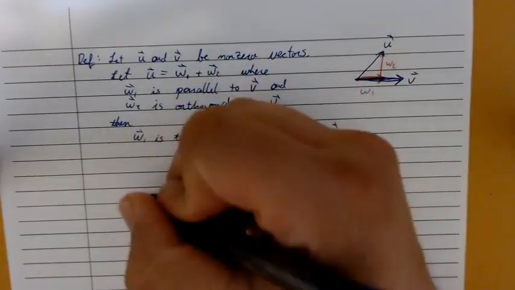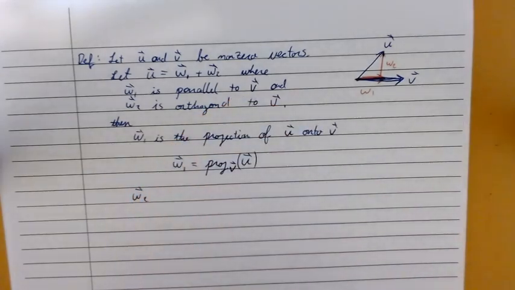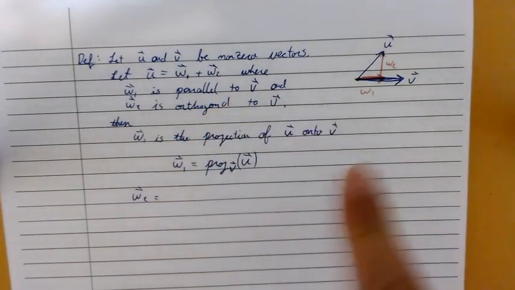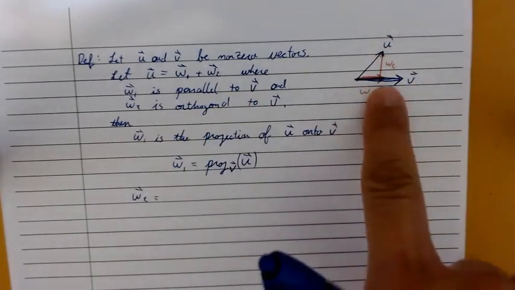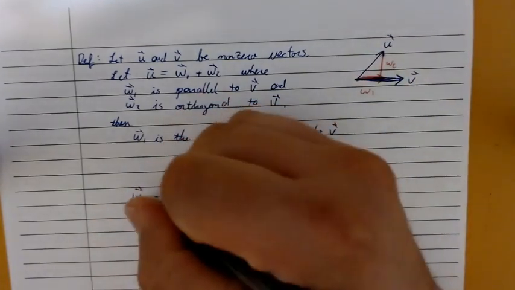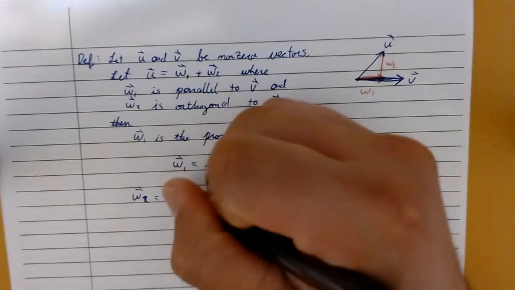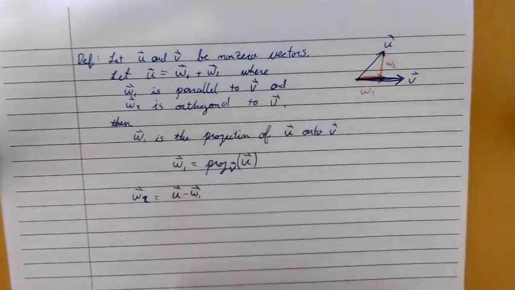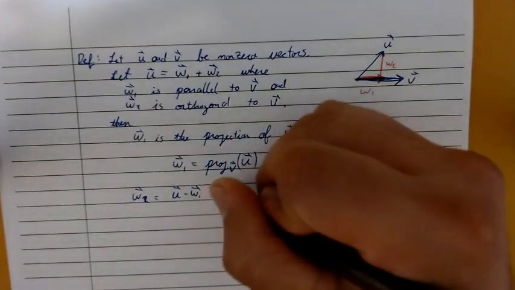Meanwhile, w2 also has a name. w2, which is really just u minus w1, this one that's left over, is called the vector component of u orthogonal to v.